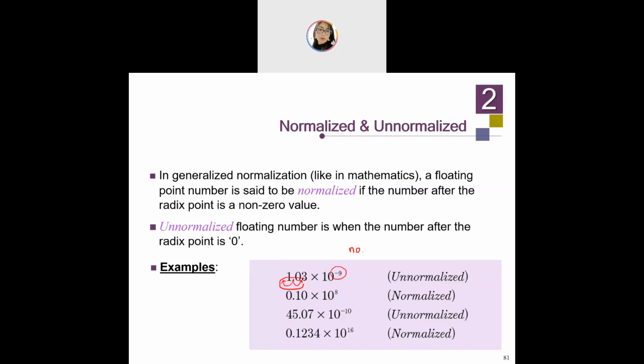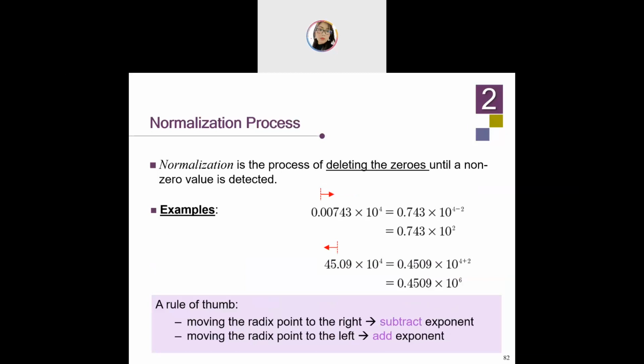This is normal mathematics from your secondary school, where you already learned how to move the radix point and adjust the value. Now, the normalization process: normalization is the process of deleting zeros until a non-zero value is detected.